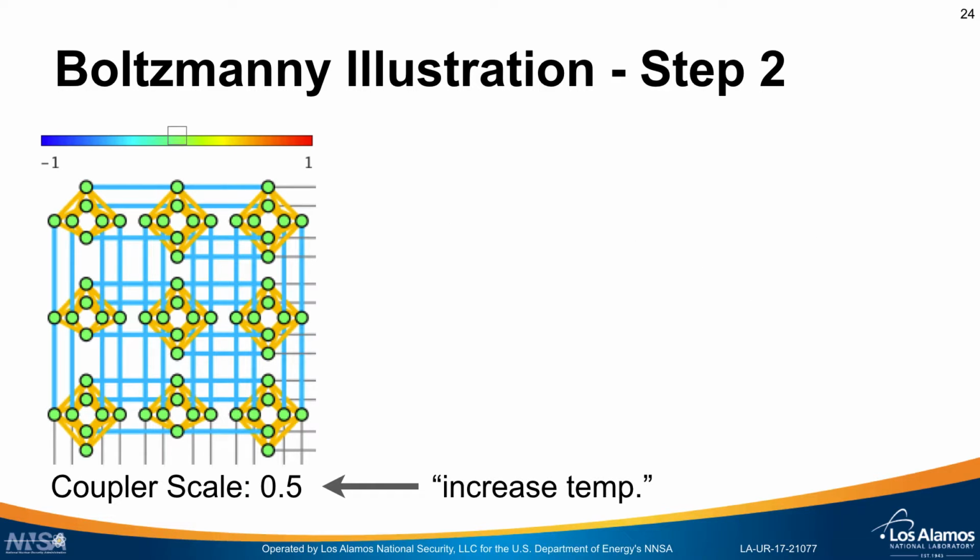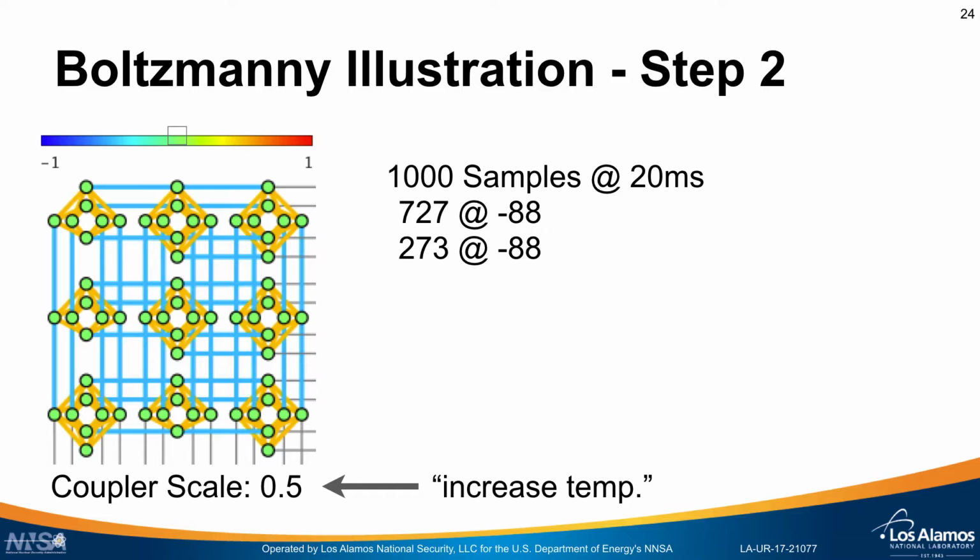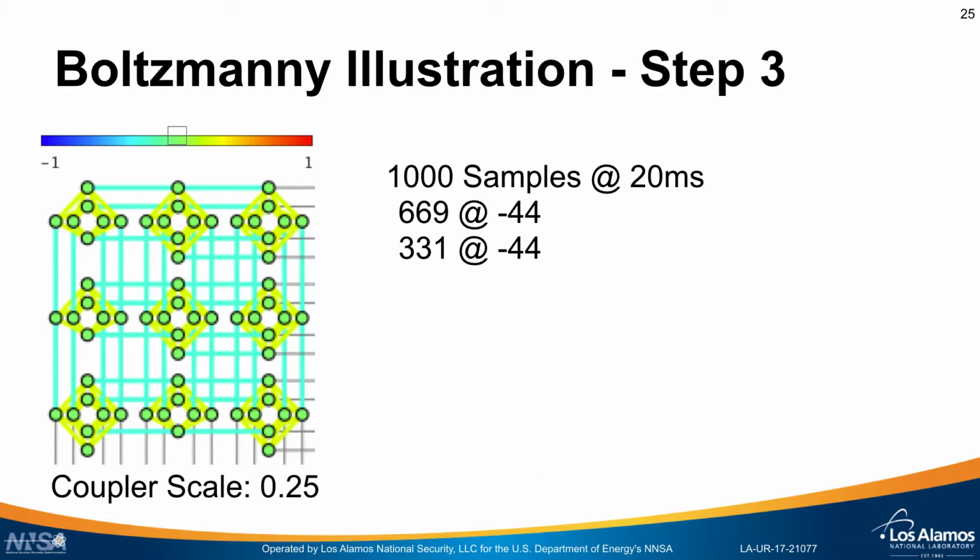We reduce the coupler scaling by half, which has the effect of increasing the temperature of the distribution. You can see that the energy values have gone from 176 to 88. They've been halved. But once again, we still get the two lowest energy solutions, so this is looking pretty good. Let's divide it by half again.